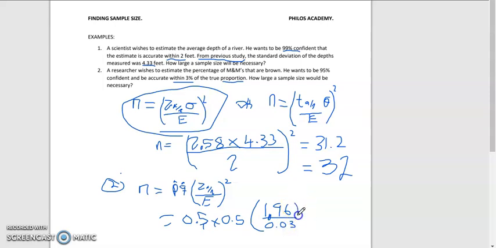Then square the bracket. When you fix all this on your calculator, 0.5 times 0.5 times, in brackets, 1.96 divided by 0.03, all squared, you should get 1067.1.